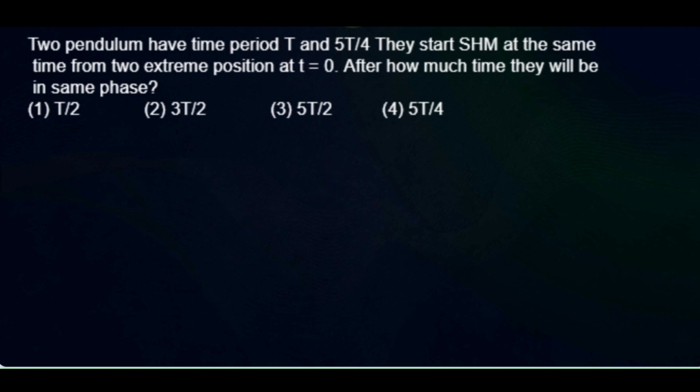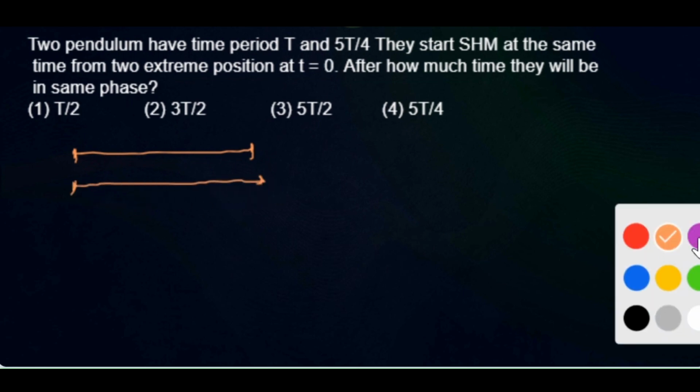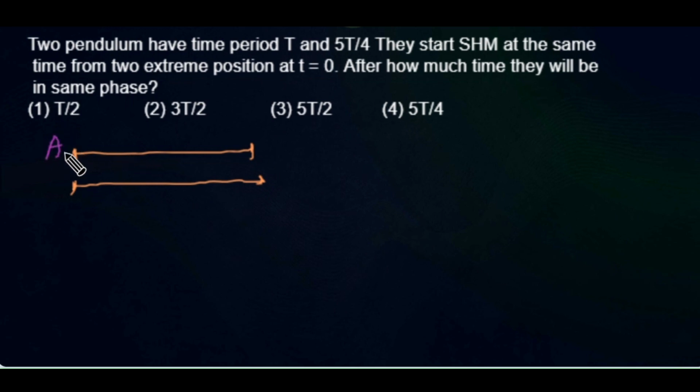So you can consider that you have two SHMs, and both have started from the two different extremes, right? Let's say A has started from the left extreme and B has started from the right extreme, right? But their time periods are different, so we can say the angular speeds are different.